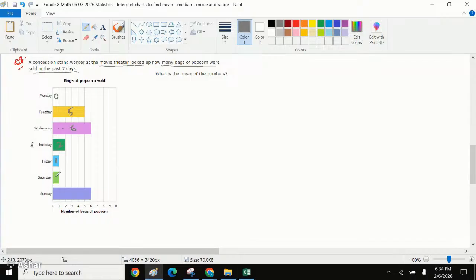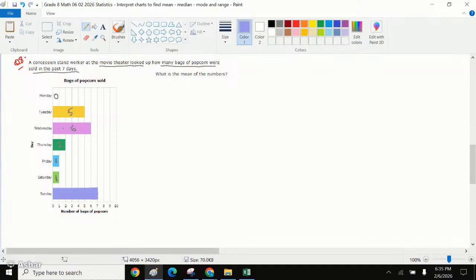Friday, 1 bag. Saturday, 1 bag. And Sunday, again, let's do one more column on Sunday, okay? Let's make Sunday a 7. I don't want to give you a question which has 2 repeating values.